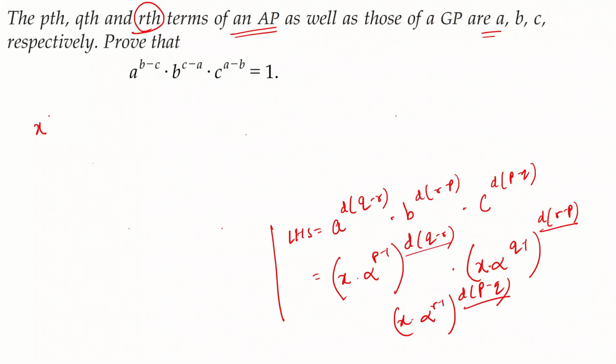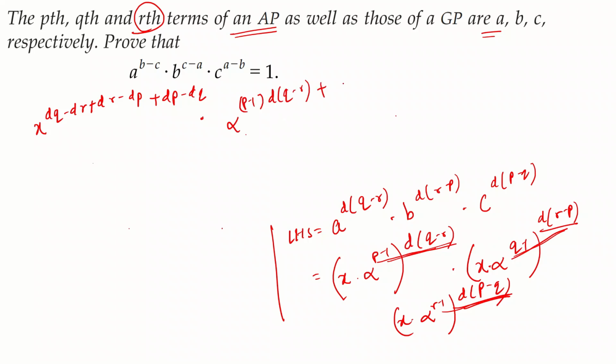So X to the power of Dq minus Dr plus Dr minus Dp plus Dp minus Dq, and then alpha to the power of (P minus 1) times D(Q minus R), plus (Q minus 1) times D(R minus P), plus (R minus 1) times D(P minus Q).